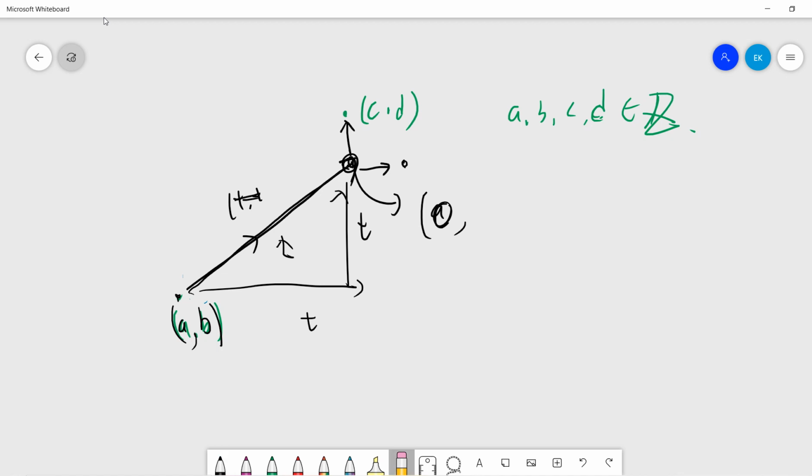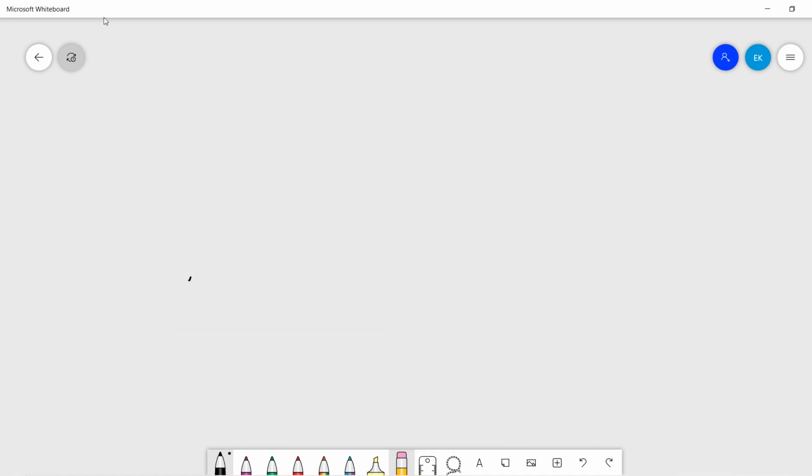Let me write again. Suppose (a, b), and this is (c, d). This point's x coordinate is c, and the diagonal is at 45 degrees, so you can write down the y component.